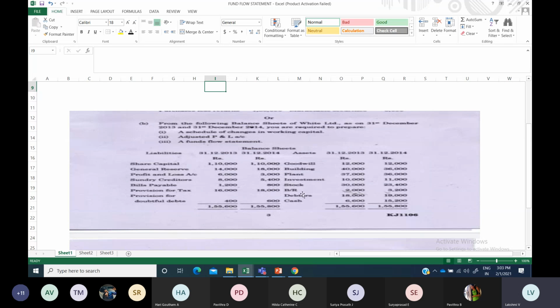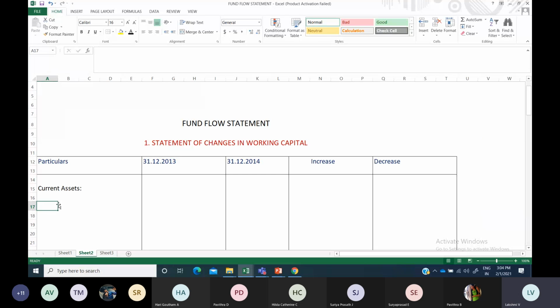Similarly, marketable securities, prepaid expenses, bank, anything like that, you take as a current asset. Here we have only stock, bills receivable, debtors, cash. You can write them in any order.